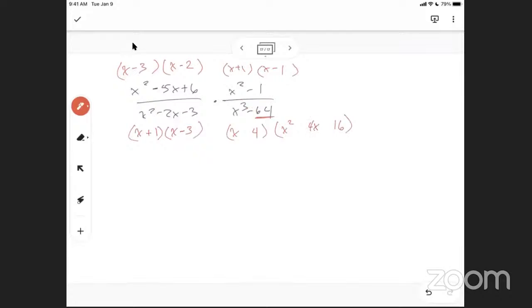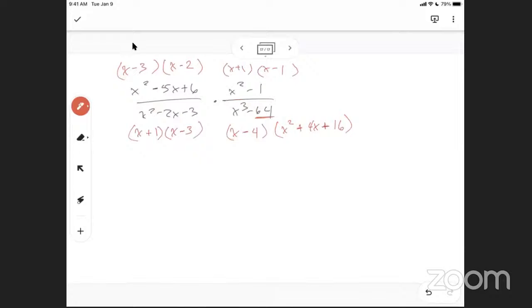Your x is here, your 4 is here, your x squared is here, your 4 squared is here, and your 4 times x is in the middle. Now, same, opposite, always positive. Got it? Yeah.